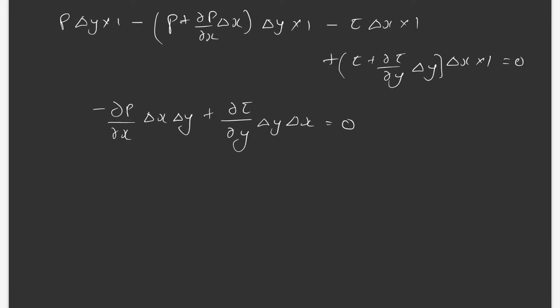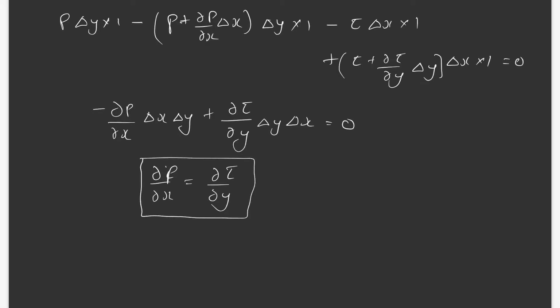We send one of these elements to the other side and this gets cancelled. What will we get? ∂p/∂x is equal to ∂τ/∂y.